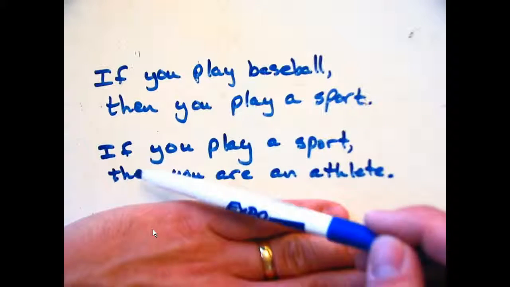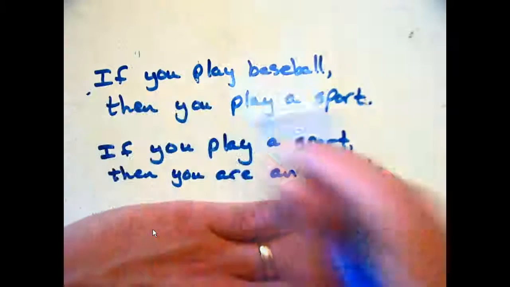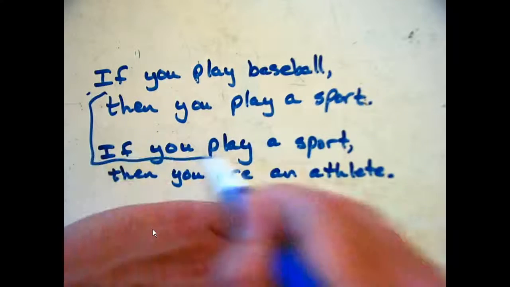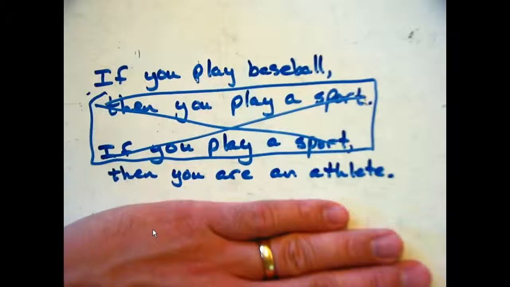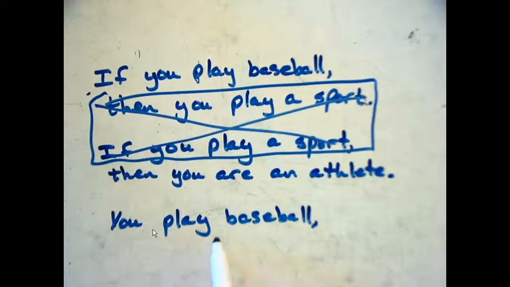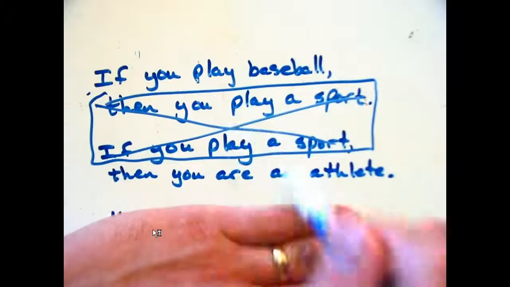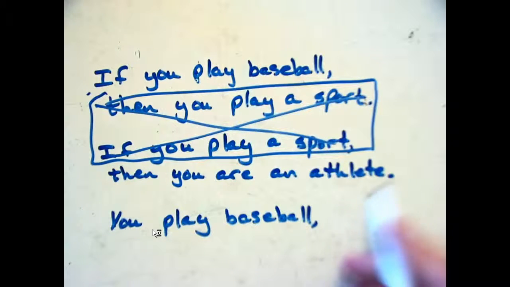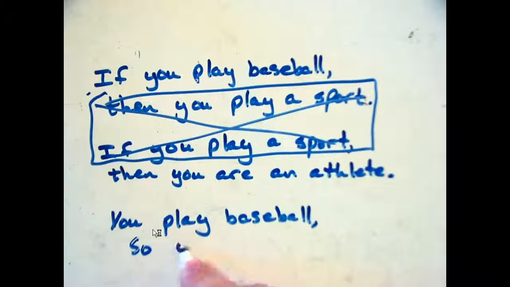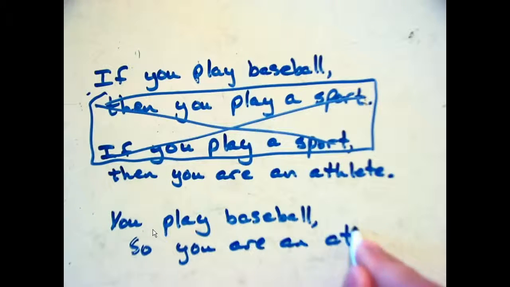You take the part that is the same and get rid of it. You play baseball. So we applied the law of syllogism here. Now we're applying the law of detachment. You play baseball, so you are an athlete. There's the law of detachment.